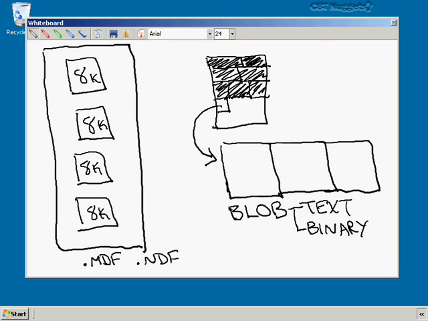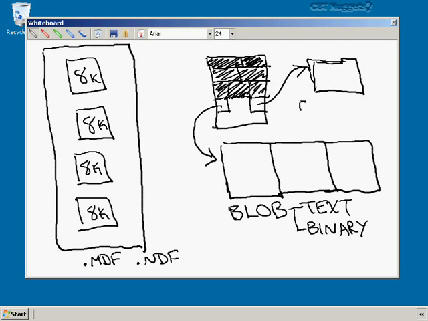Now in SQL Server 2008, a brand new type of thing was invented, and this is also a pointer that lives on the page, but instead of pointing to other pages, it actually points to files on the file system. So we'll draw a little open folder there, and that'll represent the file system.